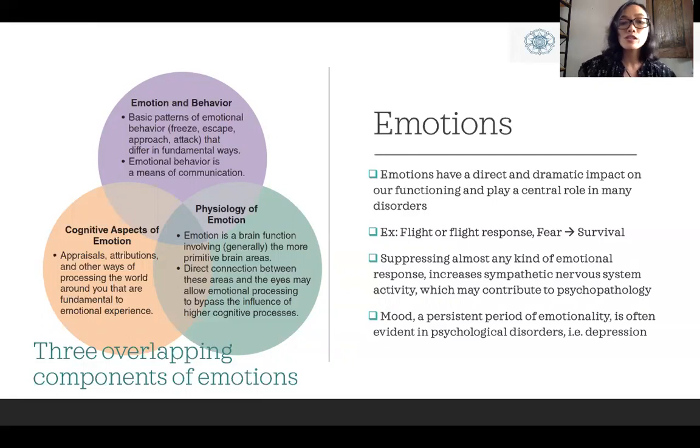And emotion theories that concentrate on behavior think that the basic patterns of emotion differ from one another in fundamental ways. For example, anger may differ from sadness, not only in how it feels, but also behaviorally and physiologically. So these theories also emphasize that emotion is a way of communicating between one member of the species and another.